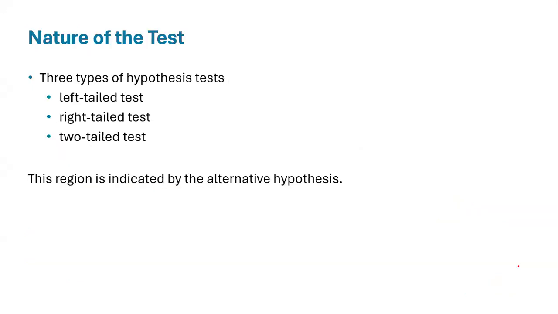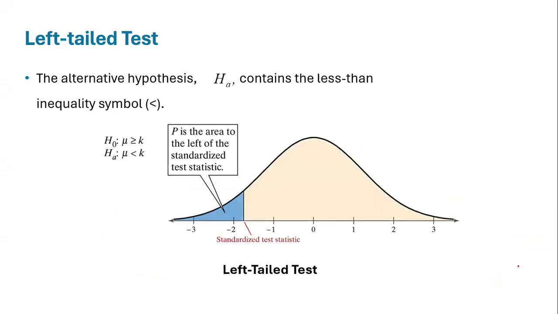How do we know that the test is a left tail test, right tail test, or two tail test? Just by looking at the alternative hypothesis. If you have a less than symbol for the alternative, that means you have a left tail test. And if you have a left tail test, after finding the test statistic, the area on the left is the p-value.